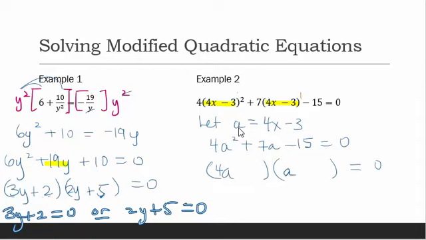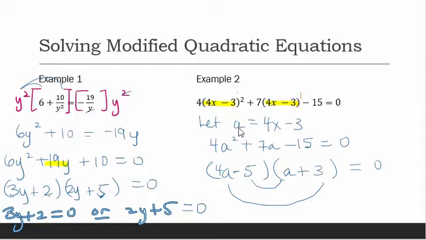So I'll try a 4a and an a, and then a 5 and a 3. And because this product 5 times 3, it really should be a negative 15, I need a negative in one of these blanks. So I'll try a negative 5 and a positive 3. And then double check the outer and inner combination. So 4a times 3 is 12a.